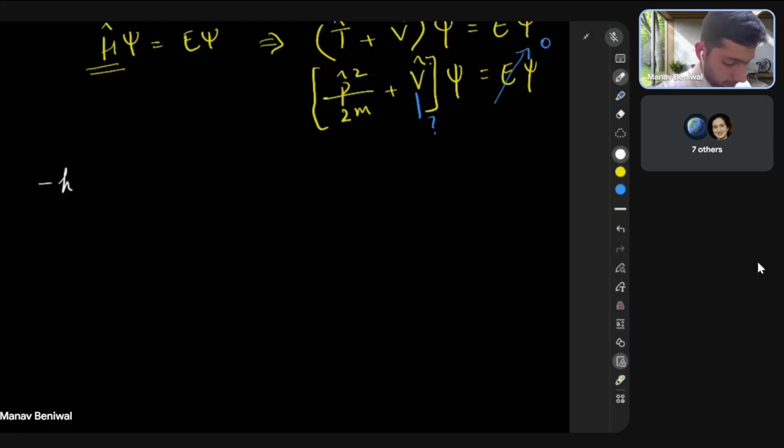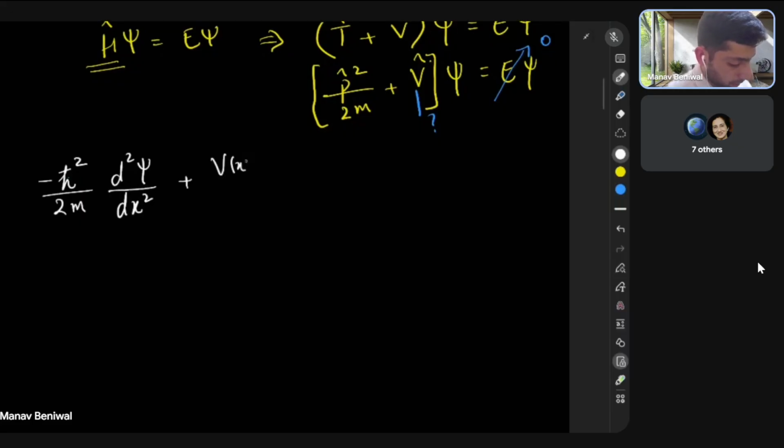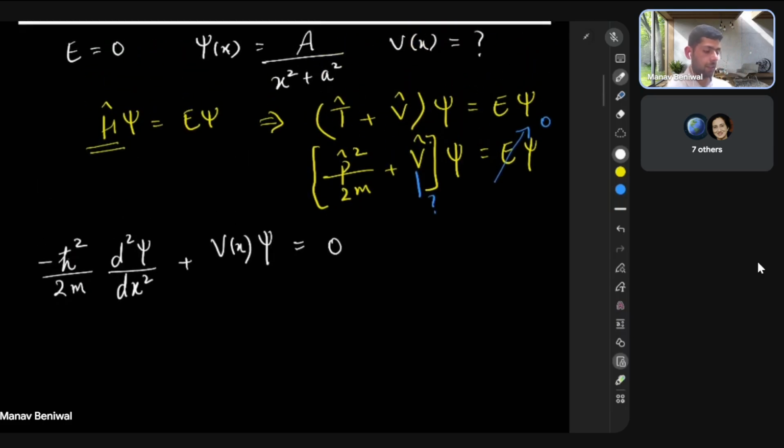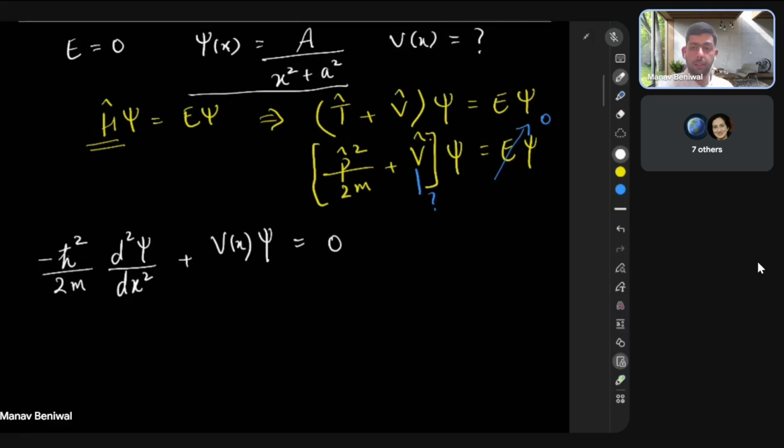Our equation will become minus h cut squared over 2m d2 psi over dx squared plus V of x psi, and our right hand side is simply 0. And this is our wave function.